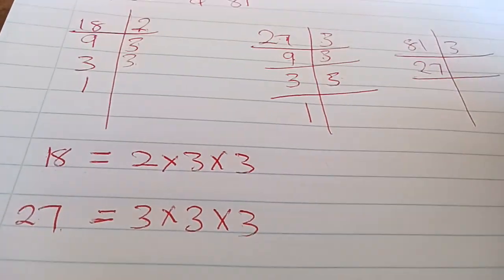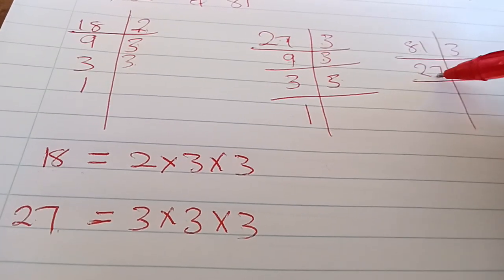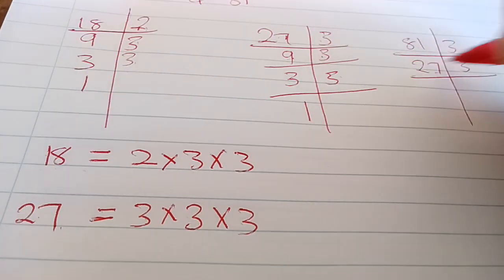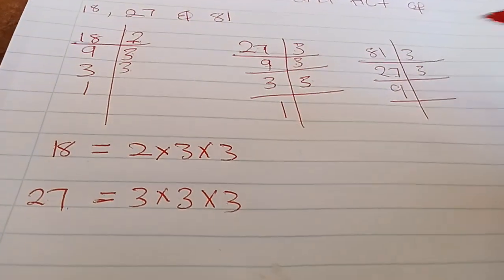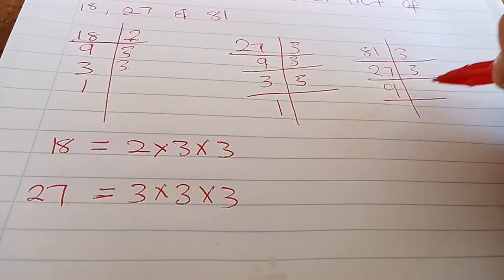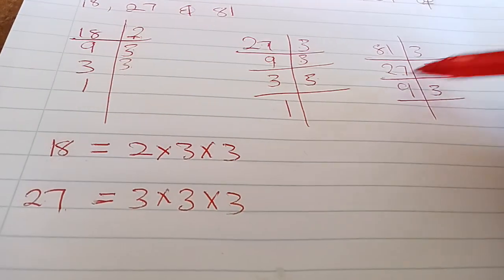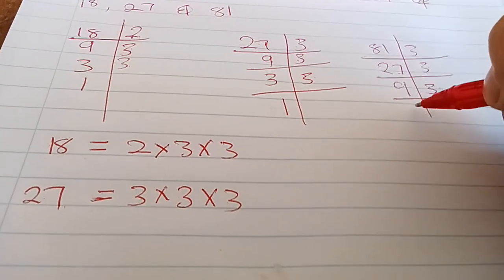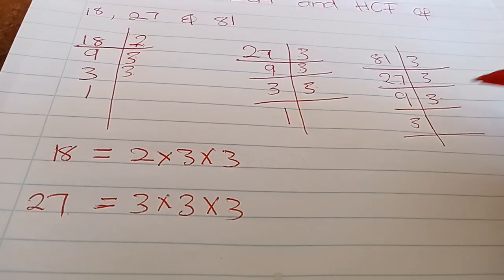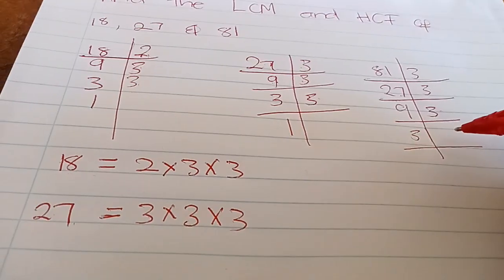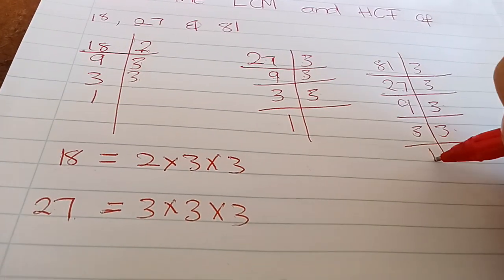The smallest prime number divisible into 27 is 3. 27 divided by 3, the answer is 9. The smallest prime number divisible into 9 is 3. 9 divided by 3, the answer is 3. The smallest prime number divisible into 3 is 3. 3 divided by 3, the answer is 1.